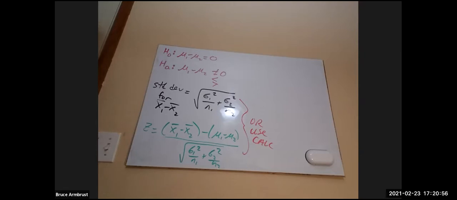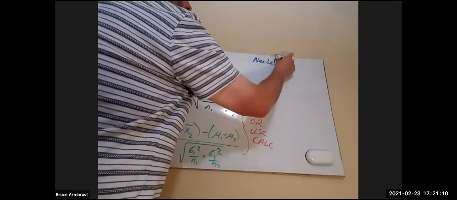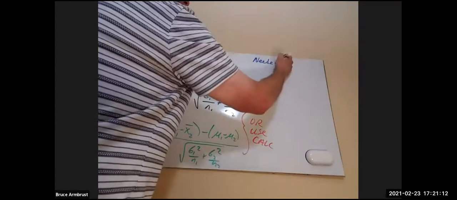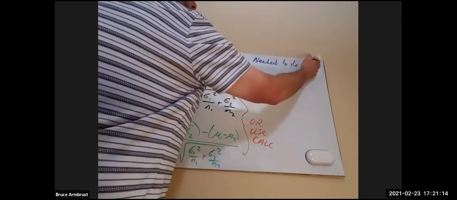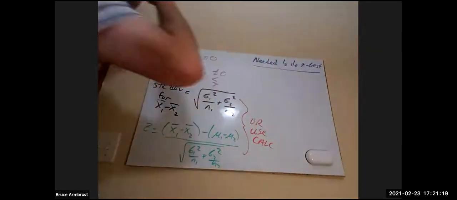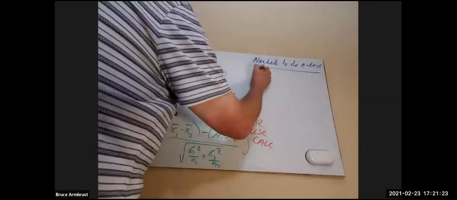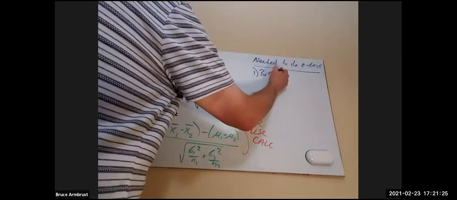But let's think about what are the conditions necessary in order to do a z-test. All right, so this is what we need for a z-test. Okay, so the first thing is that we need both samples to be random.